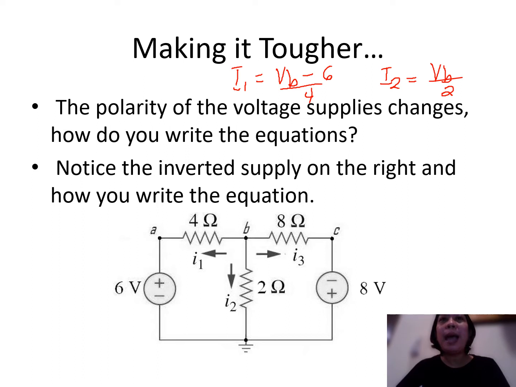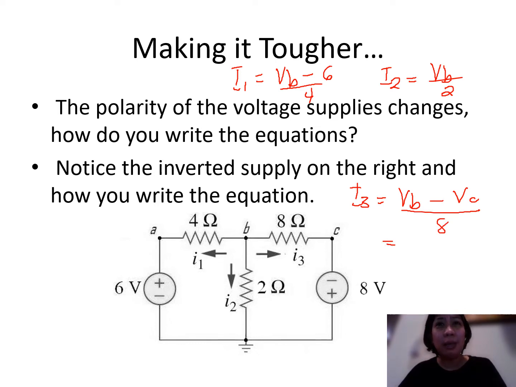For I3, we can write I3 here as VB minus VC all over 8. Since this is inverted, this is negative with respect to our reference, so we will just be writing here VB minus. But what is our VC? This is negative with respect to our ground here, right?